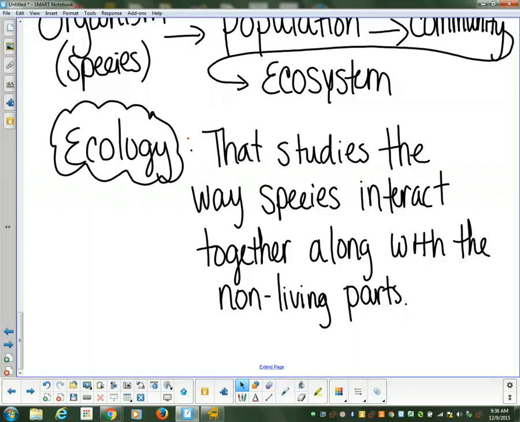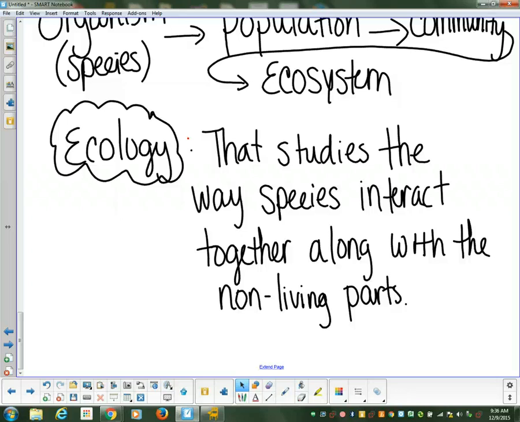And what these people do is they study species and the way that they interact with one another. And along with that, because we now know that ecology is mostly made up in dealing with ecosystems, we're also looking at the non-living parts. So ecologists are people that study how species interact with one another and the non-living parts.